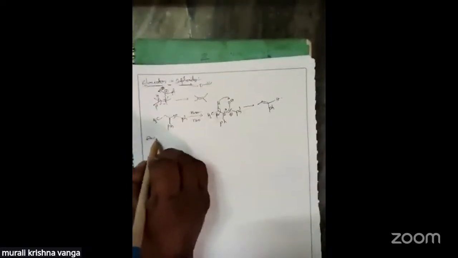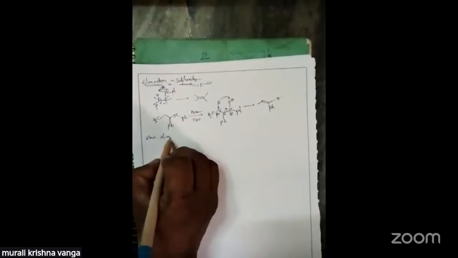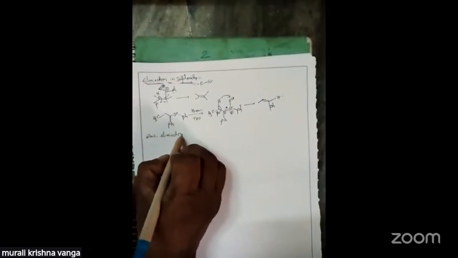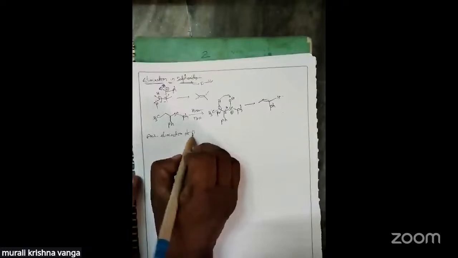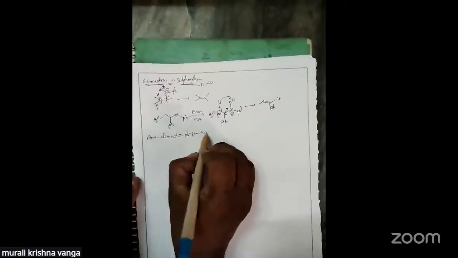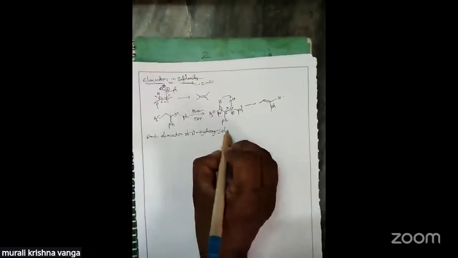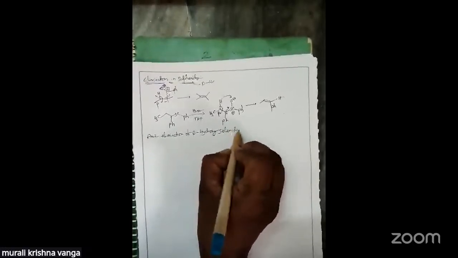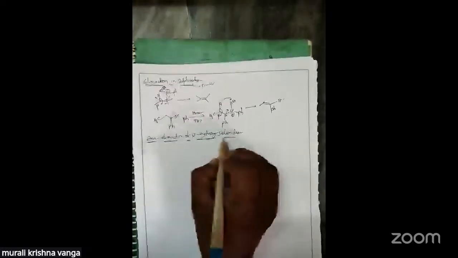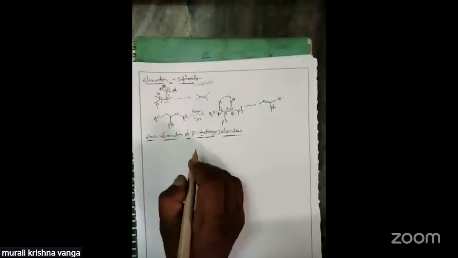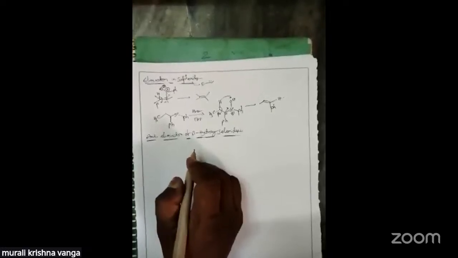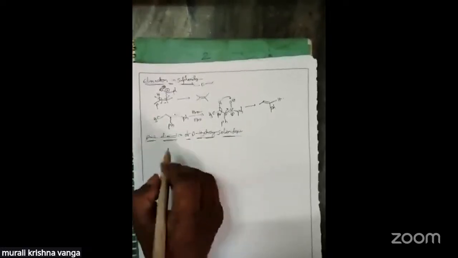Next one is anti-elimination of beta hydroxyselenides.